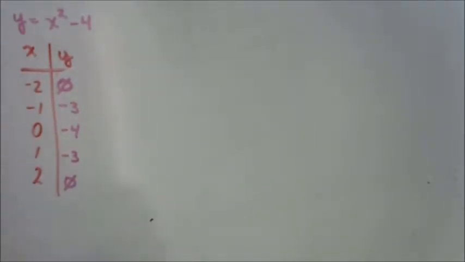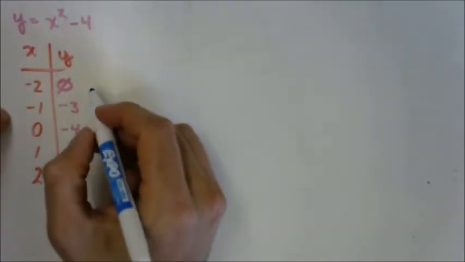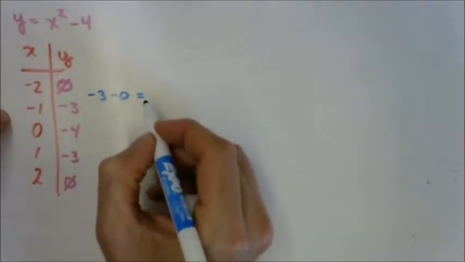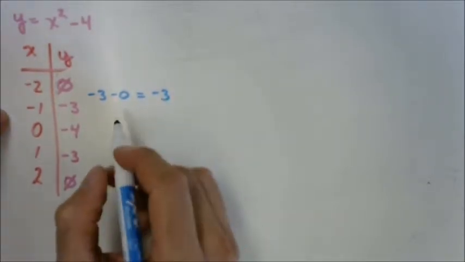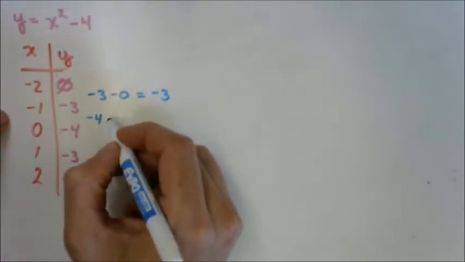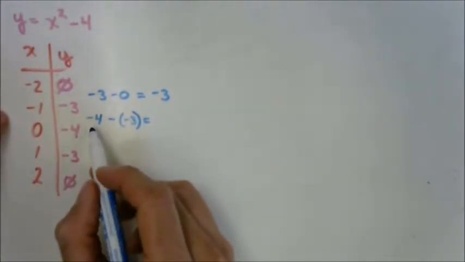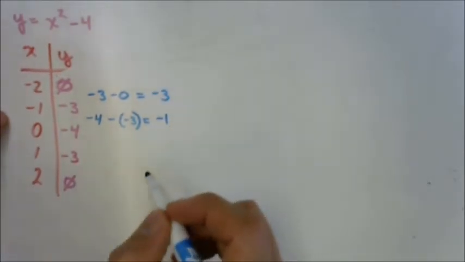Now again, we're going to calculate the first differences. Remember, the first differences are the difference between successive y values. So for our first one, we have -3 minus 0. Well, that's -3. For our next one, we have -4 minus -3. That's the same as -4 plus 3, which is -1.